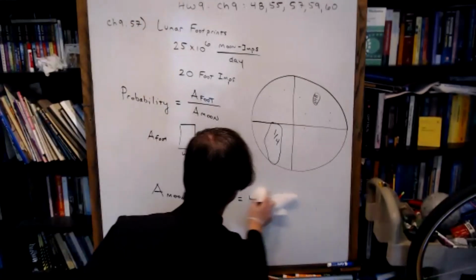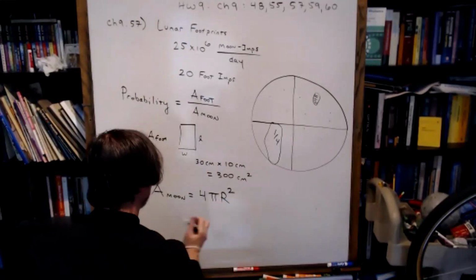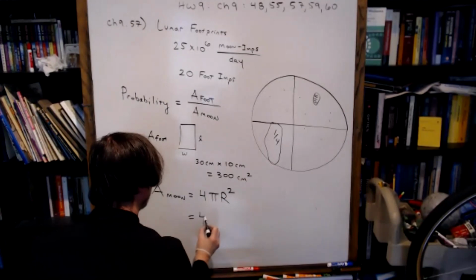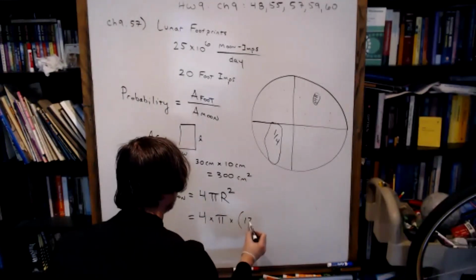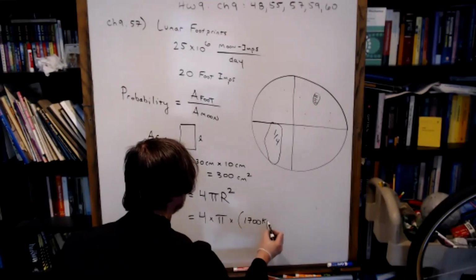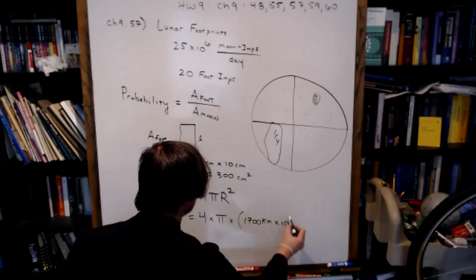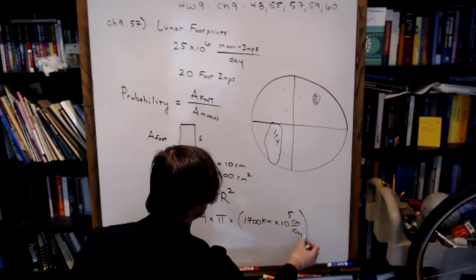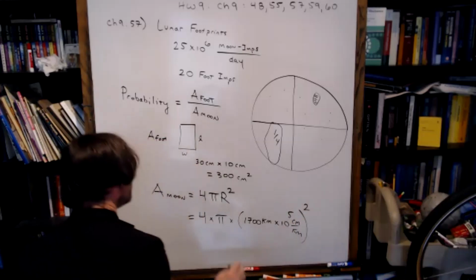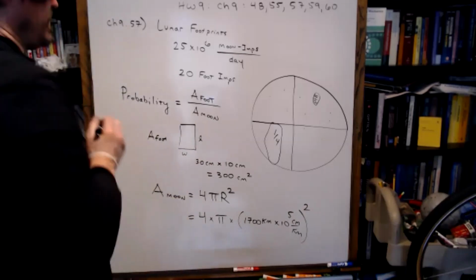Okay, so let's do this. Let's do 4 times pi, 1,700 kilometers times 10 to the 5 centimeters per kilometer, squared. That's a fast way to get the surface area of the moon.